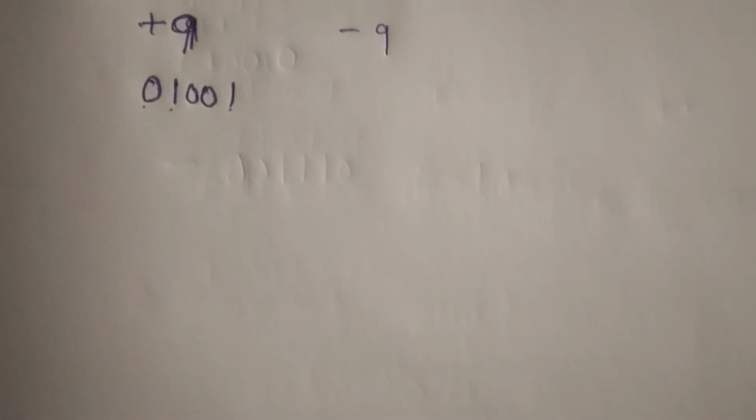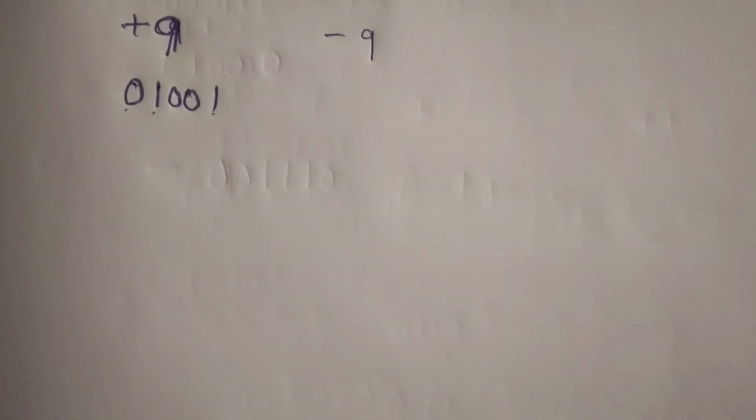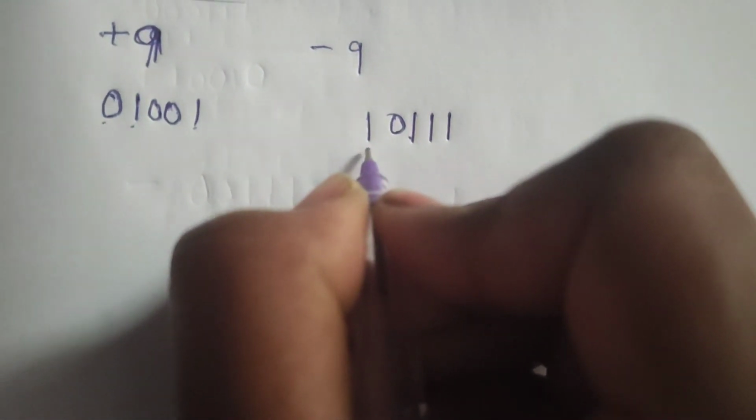So how minus 9 is represented in 2's complement form, we will see. In 2's complement, 01001 becomes 10111. So this first 1 represents the negative symbol, and the remaining bits represent the 9 value.